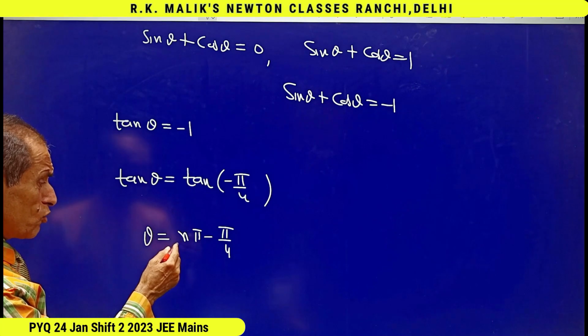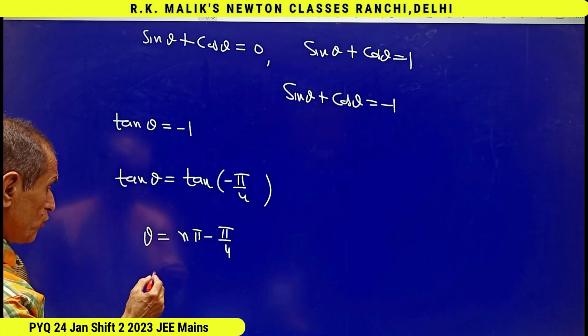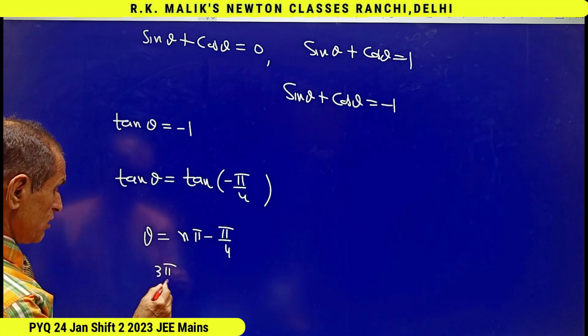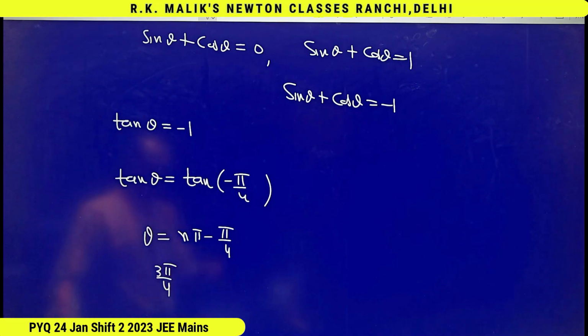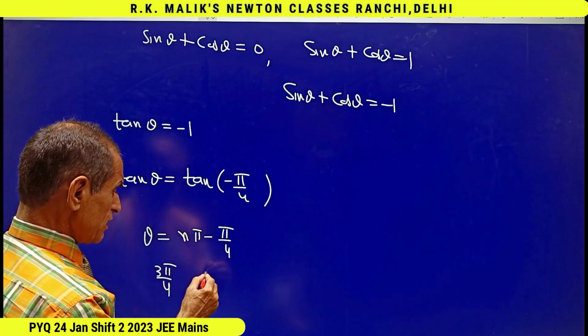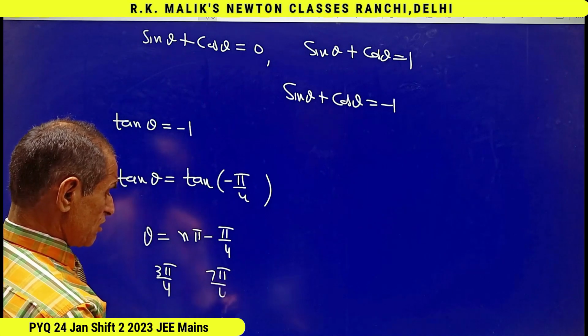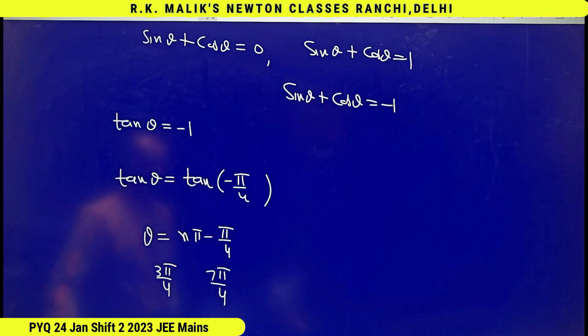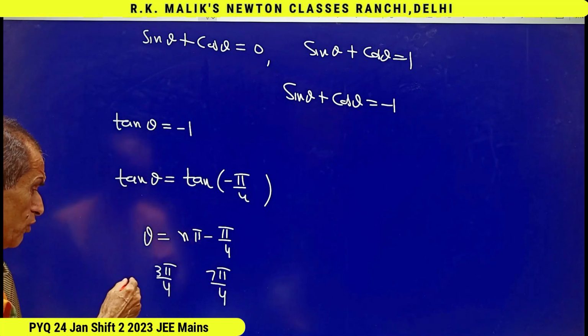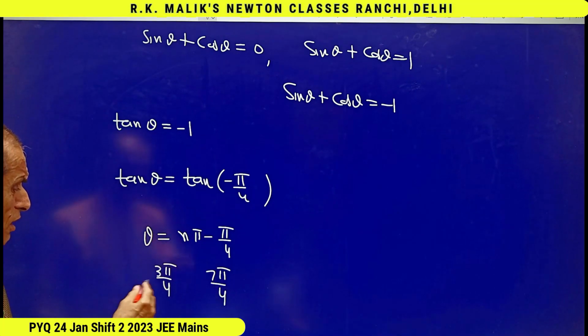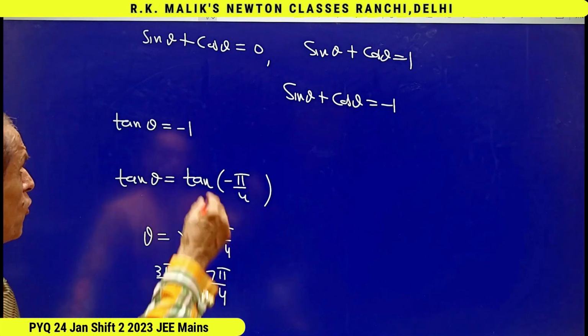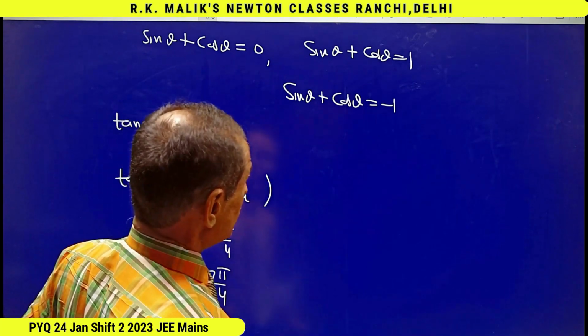If I take n equal to 0, not allowed. For n equal to 1, I get 3 pi by 4. For n equal to 2, I get 7 pi by 4. More values of n are not possible because theta has to lie between 0 and 2 pi. These are the two possible values of theta from this case.